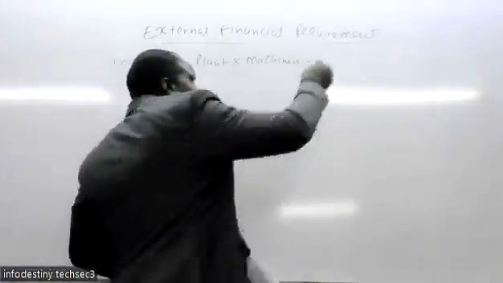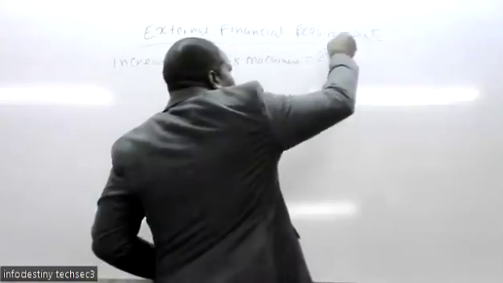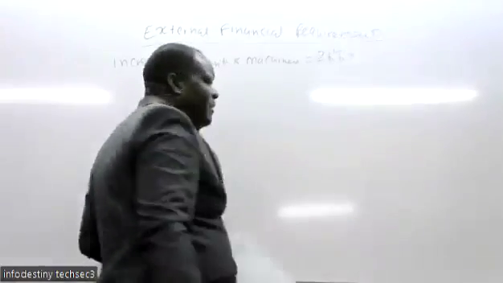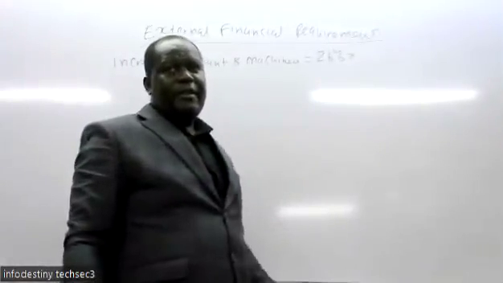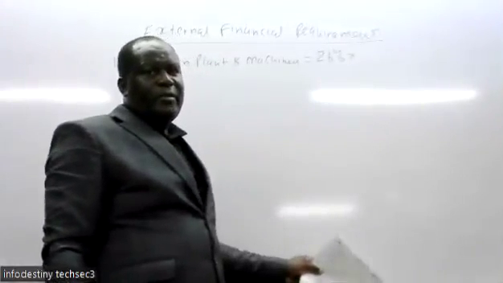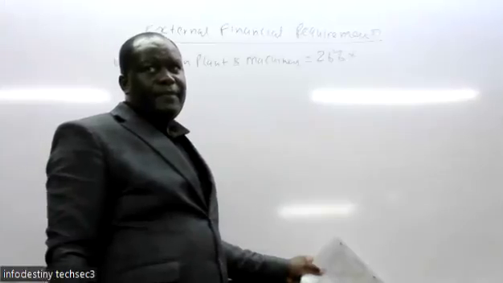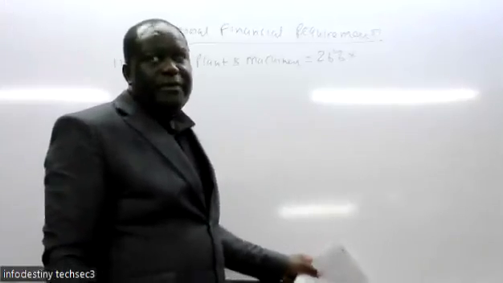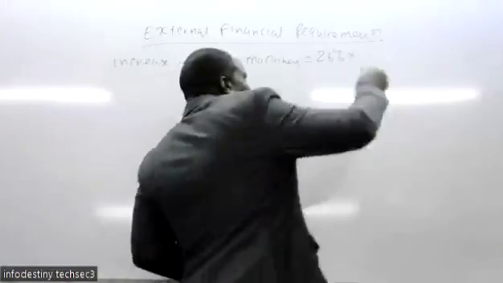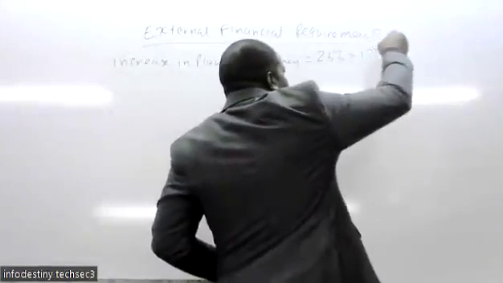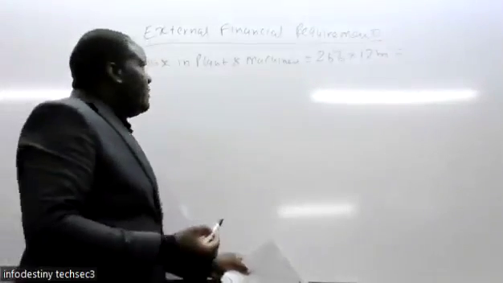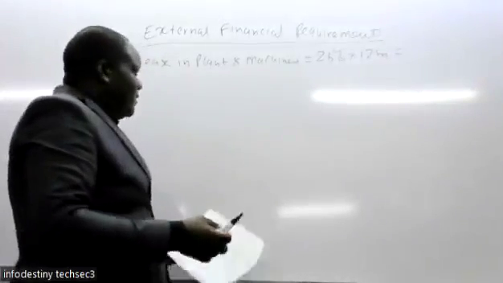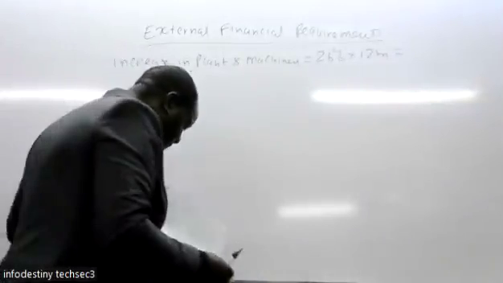You take 26% multiplied by the increase in the sales, the one that we have just calculated. That increase in the sales was how much? It was 12 millions. So get 26% of 12 millions. That will now be the increase in the plant and machinery.